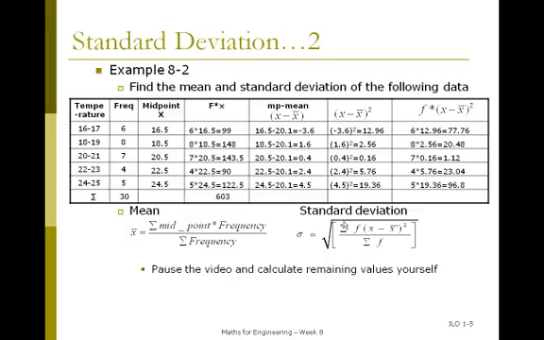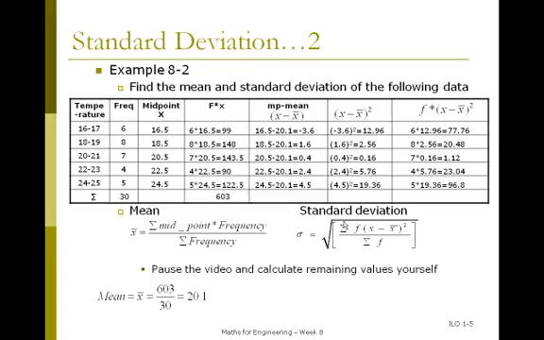So the total of the frequency, adding up the 5 values, is 30. The total for the frequency times the midpoint is 603. So that gives us a mean of 603 divided by 30, which is equal to 20.1.